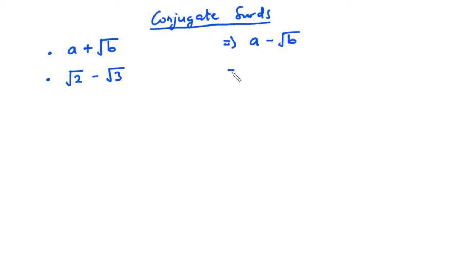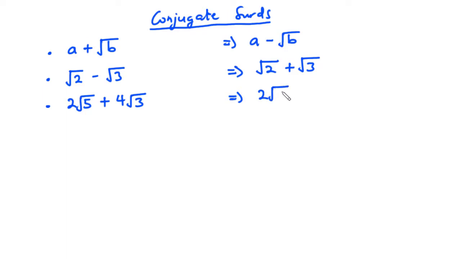Then the conjugate of this expression is the square root of 2 plus the square root of 3. If you are given the expression 2 root 5 plus 4 root 3, the conjugate of this expression is 2 root 5 minus 4 root 3.